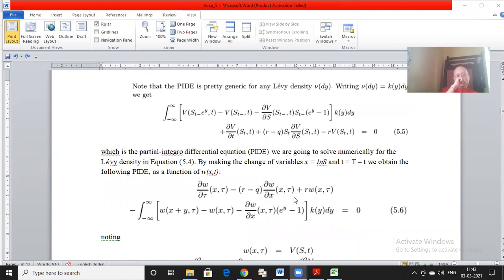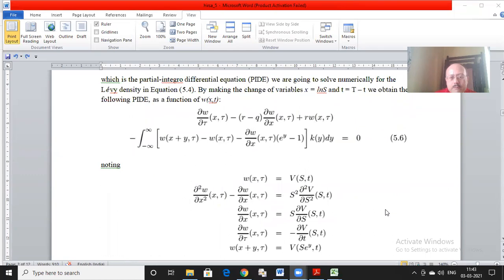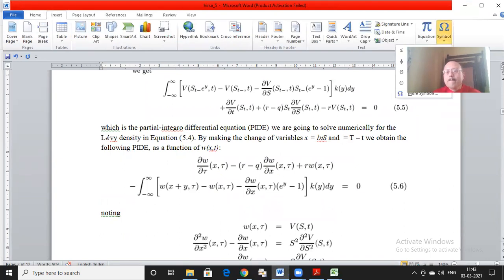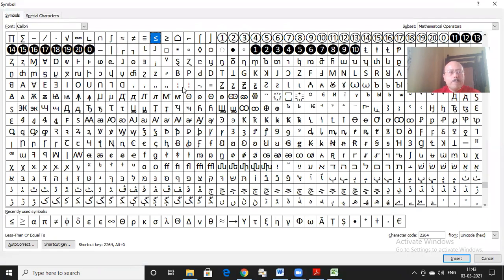And as before, we will make this change of variable. We will use log stock price. So we define x as the log of stock price and we reverse the time. With an abuse of notation, I will write this. That should be tau.